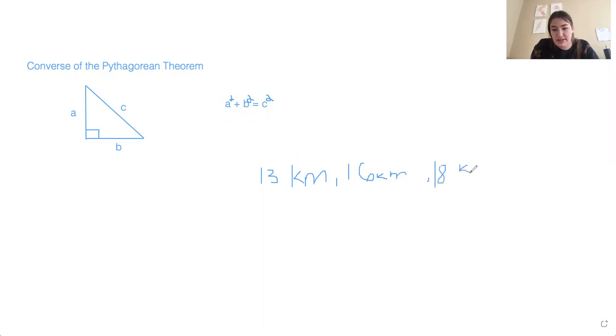As you can see, the leg lengths are 13 and 16, and the hypotenuse would be 18 if it was a right triangle. So we're going to go 13 squared plus 16 squared. I'll give you guys a second to try to do that math.